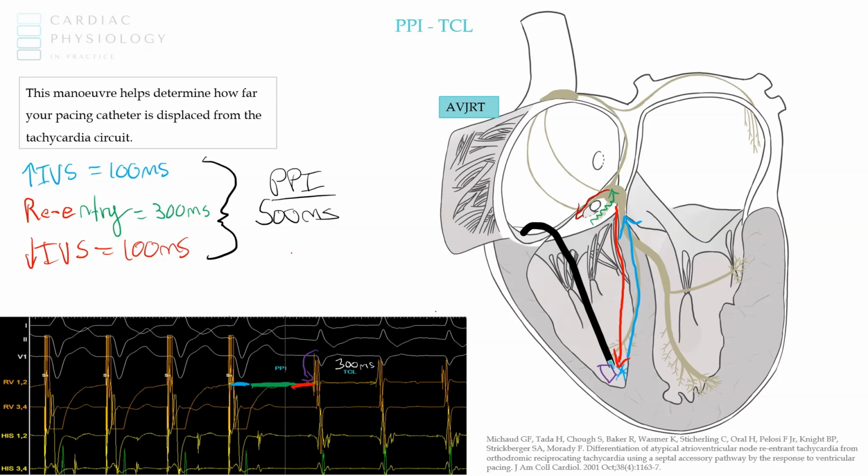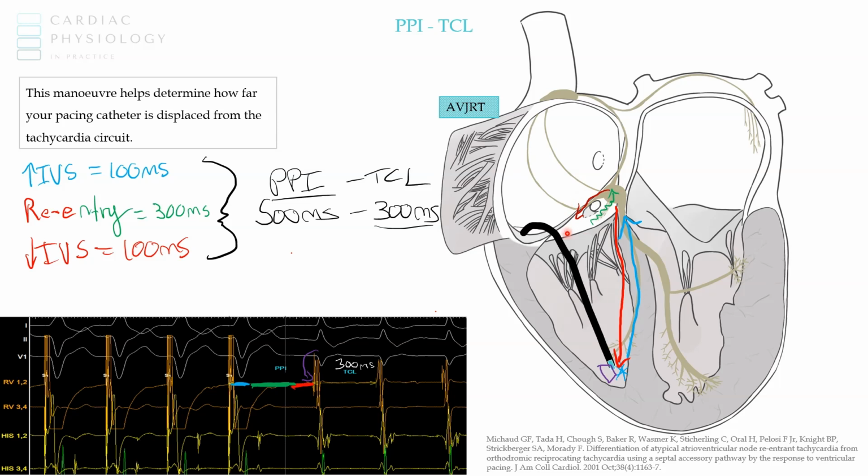If we add up all these numbers, our post-pacing interval in this case will be 500 milliseconds. And so the calculation here is to correct it for tachycardia cycle length. If we subtract our tachycardia cycle length, we're subtracting 300 milliseconds at this point. What we're essentially removing is this part of the pacing stimulus's journey.